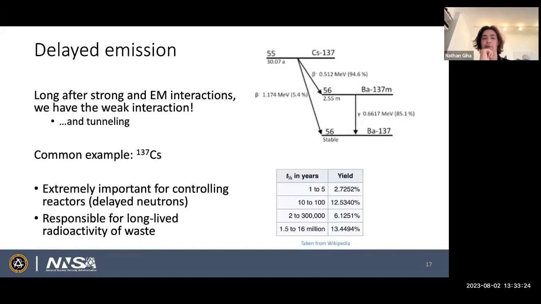My understanding of the question about the technical term is you want to know if there's a term for going from fission products all the way to stable. Not that I know of. I don't know of an industry standard for that term.